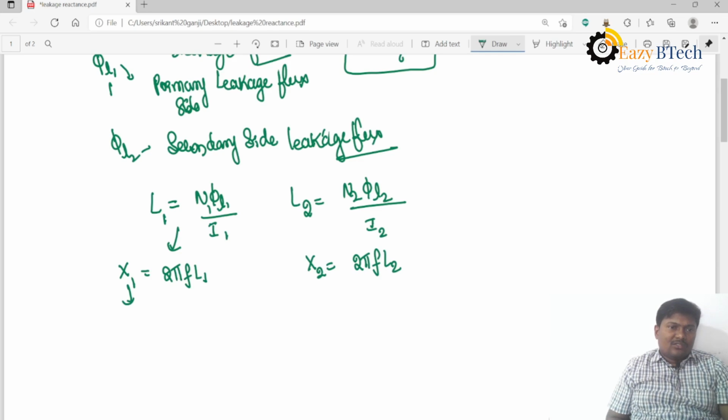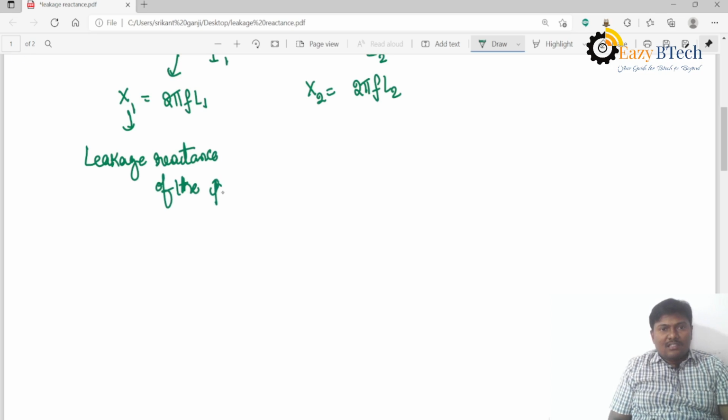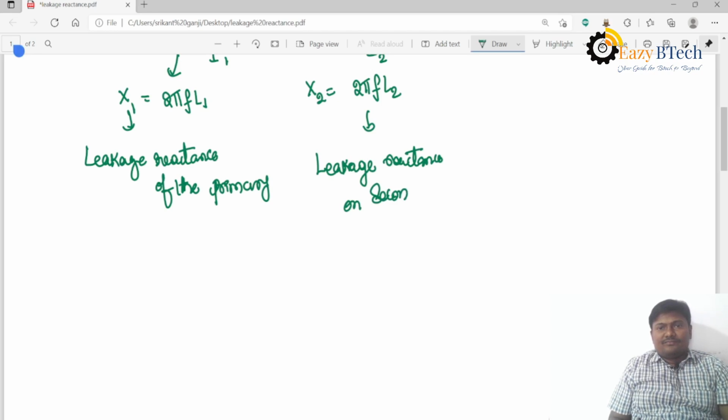So this is called the leakage reactance of the primary, and this is the leakage reactance on the secondary side.